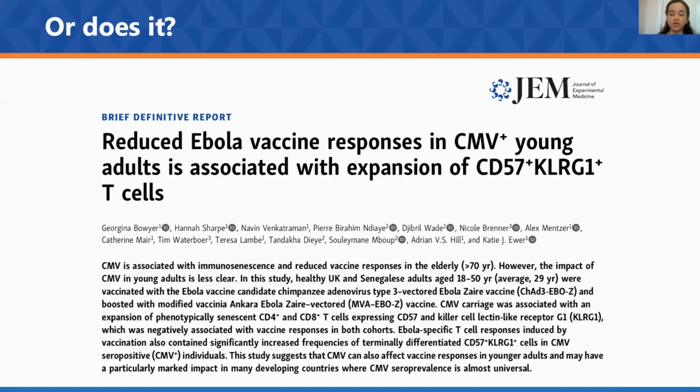Having CMV actually made the vaccine work less. That kind of pushed us towards investigating the impact of CMV on HVTN 505 vaccination. And one thing to remember is that since the design of our vaccine was closer to the Ebola vaccine itself, we hypothesized that having CMV would have a negative effect and would make you more prone to acquire HIV.